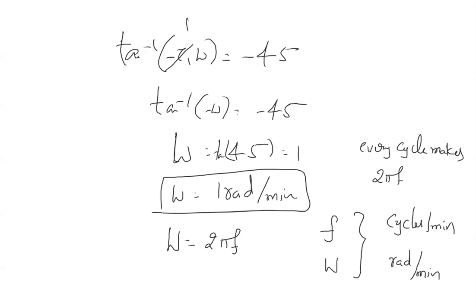So the cyclic frequency is omega by 2 pi, that is 1 by 2 pi.